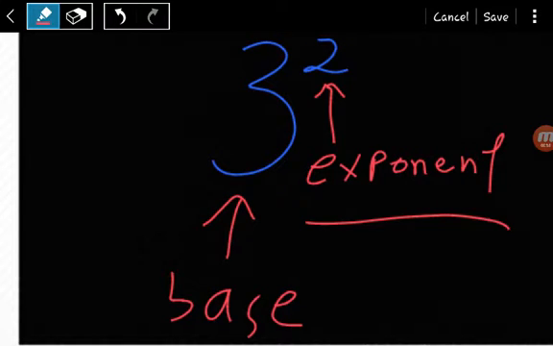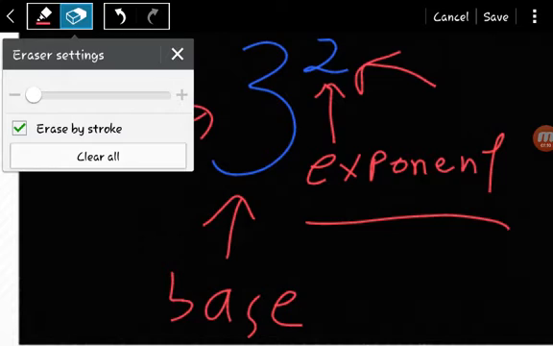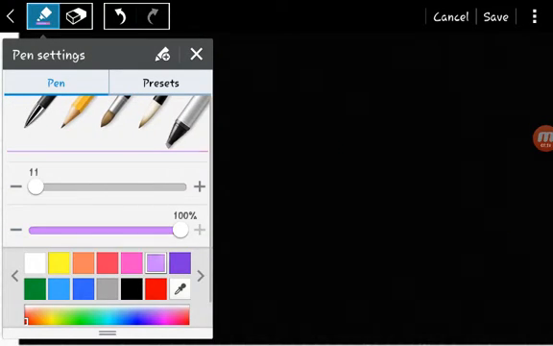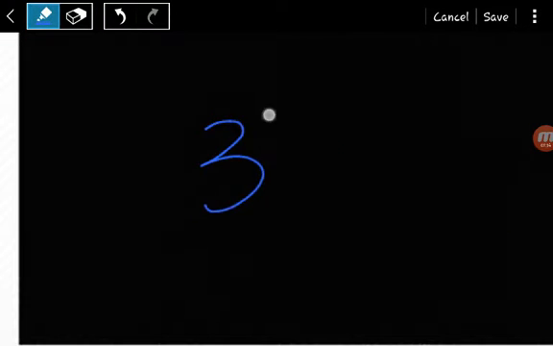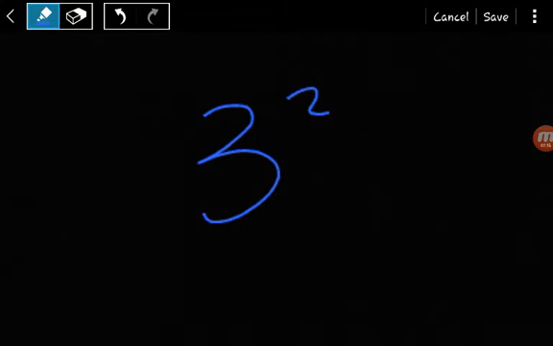When you're doing a problem involving exponents such as 3 squared, or 3 to the power of 2, you will raise the base, the 3, to the exponent. In this case, it's 3 to the power of 2. So let's rewrite that. 3 to the 2.